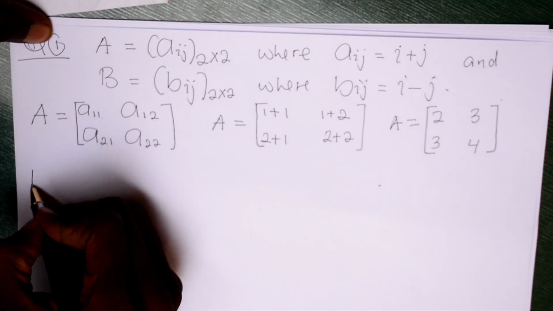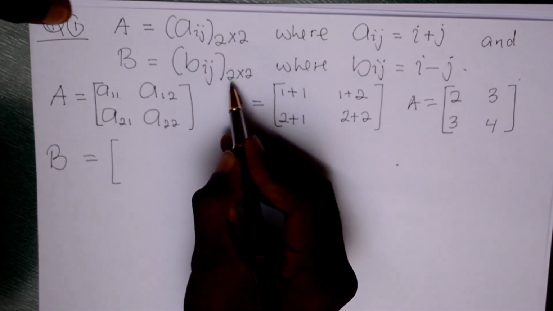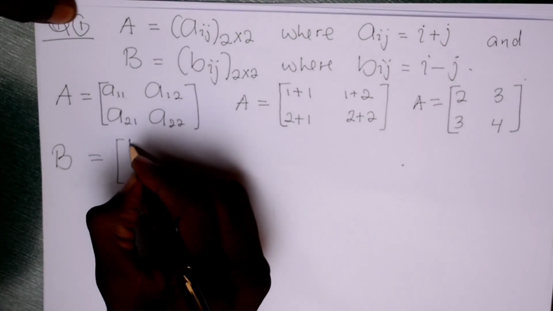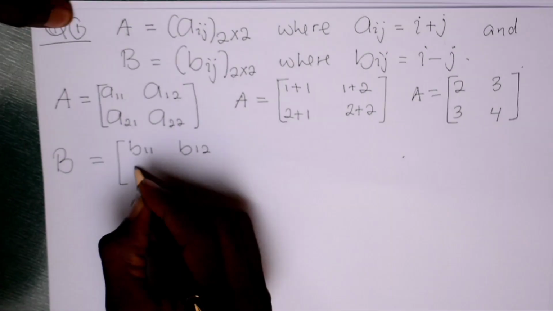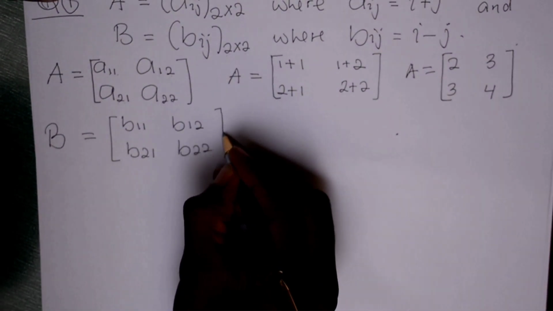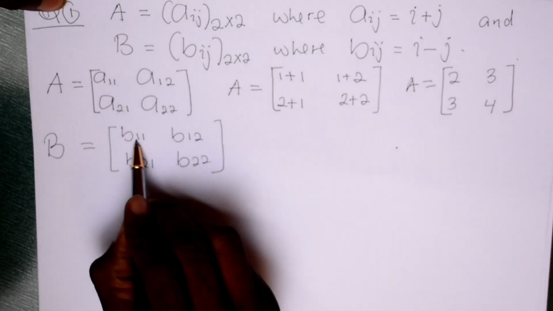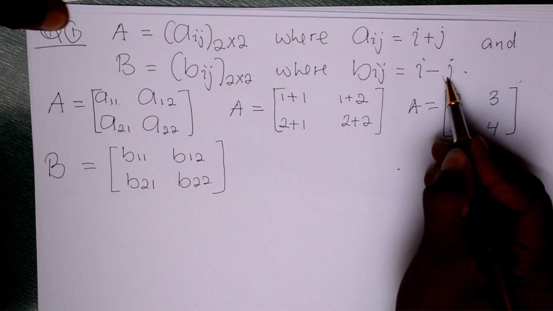So now let's produce the matrix B. It's a 2 by 2 matrix B11, B12, B21, then B22. And these i and j are i minus j from Bij.